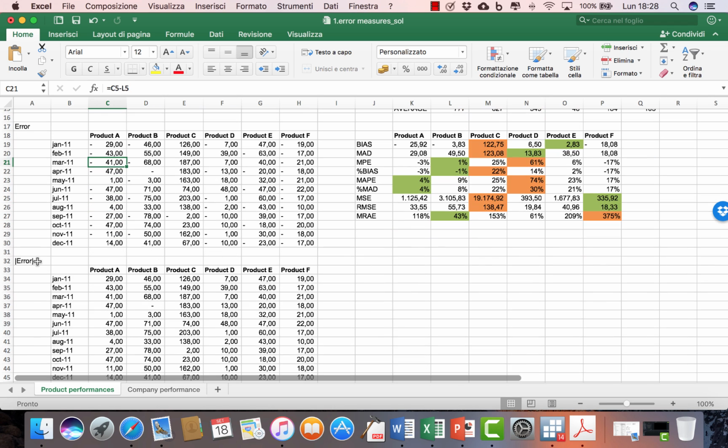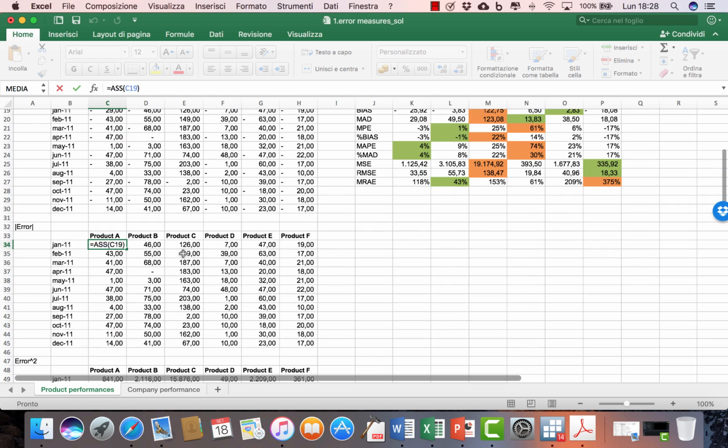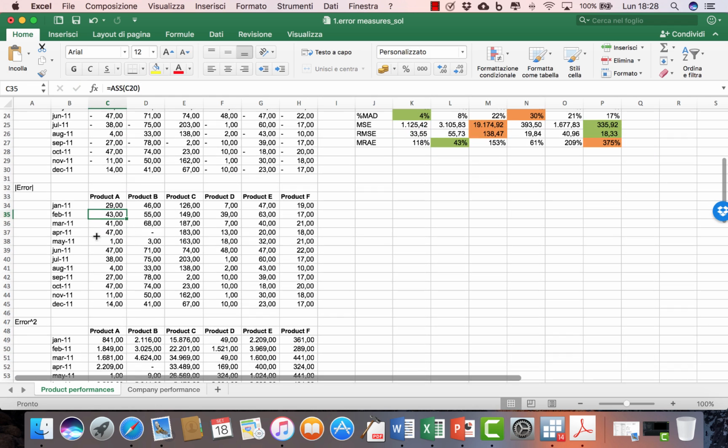Same then for the absolute value of the error. So here you see it's the same. You make the absolute value of the error, or the absolute value of this minus this, and so on. Here you calculate all the measures that you need to then evaluate the performance indicator.